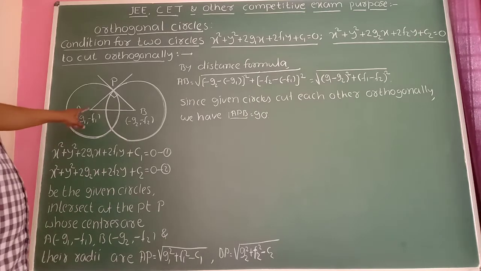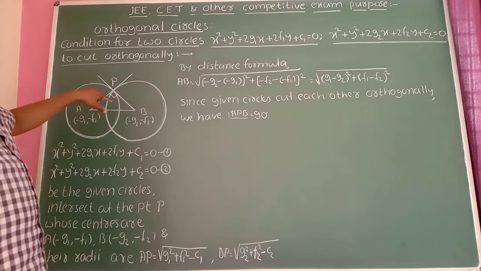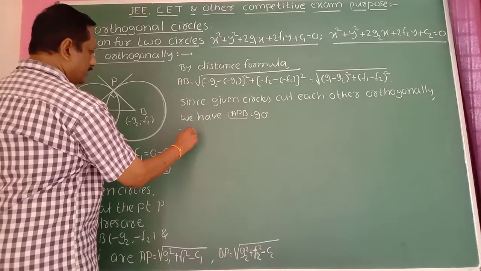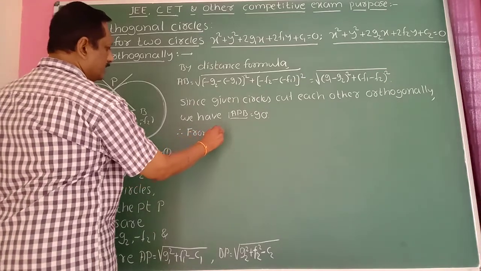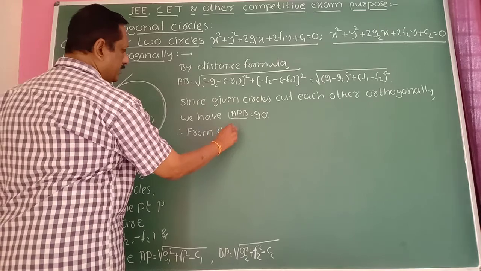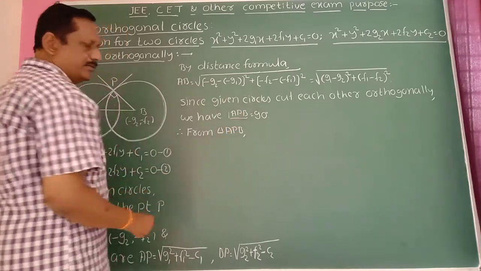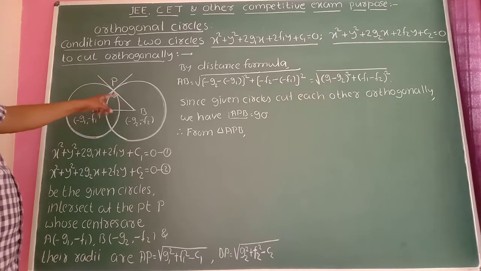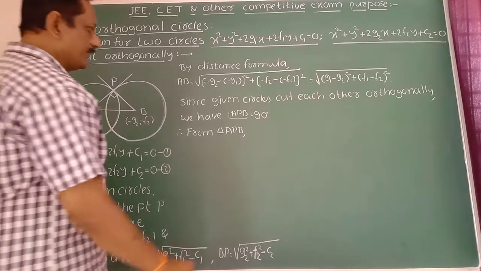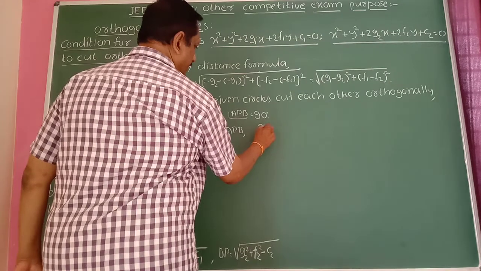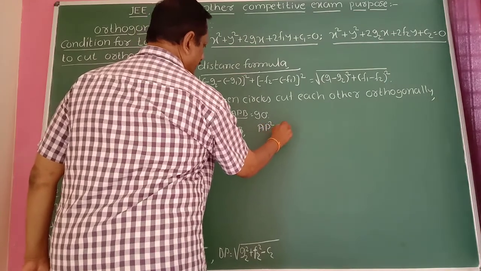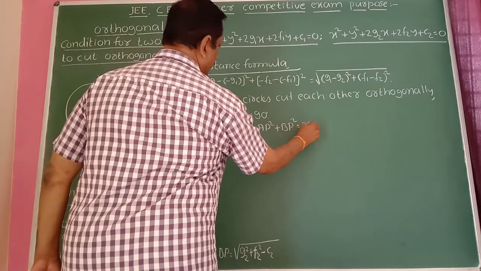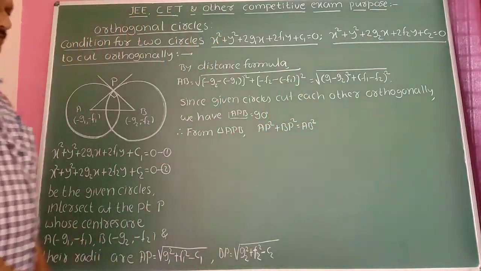Therefore triangle APB is a right angle triangle. Therefore from triangle APB, the Pythagoras theorem is satisfied, meaning AP square plus BP square is equal to AB square.